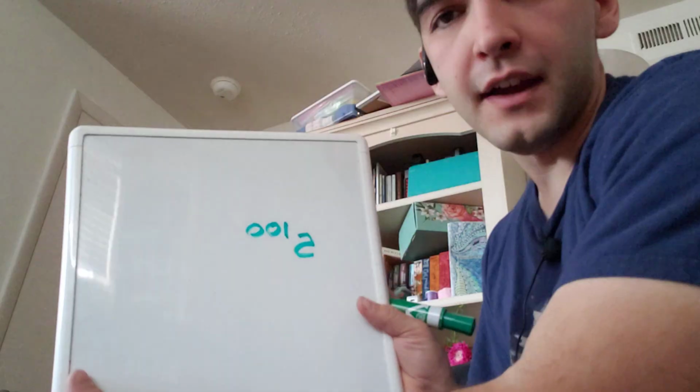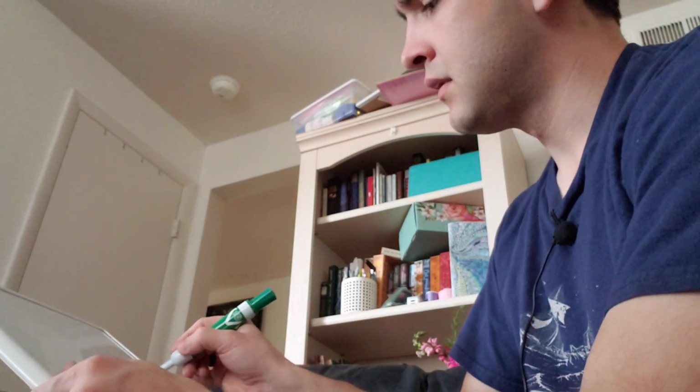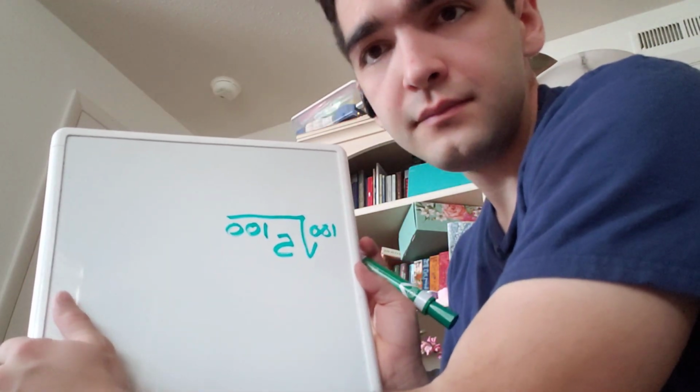We talked about this some. You've had some exposure to this. But just generally, the way you undo 5 to the 100 is by taking the 100th root.